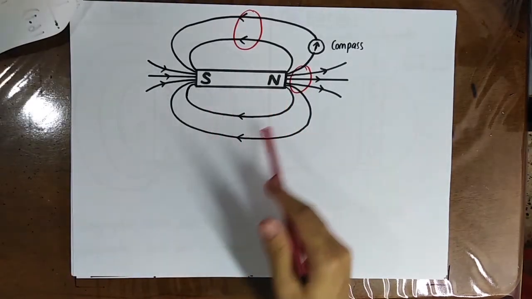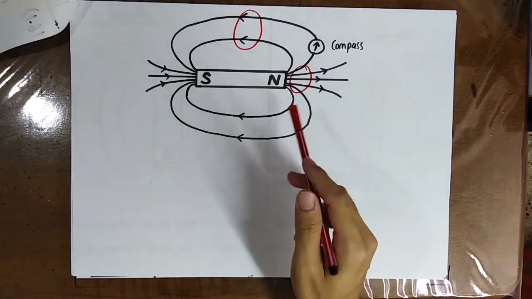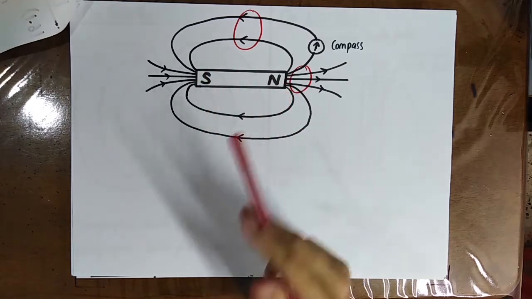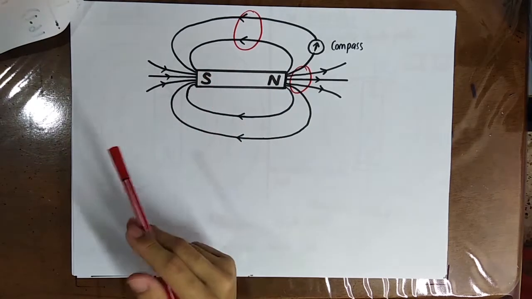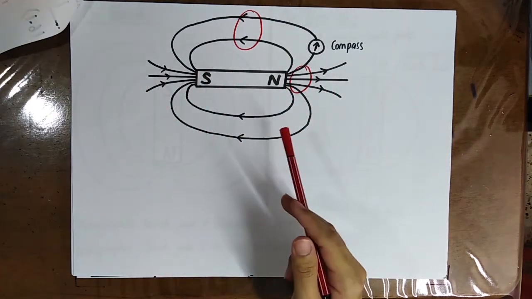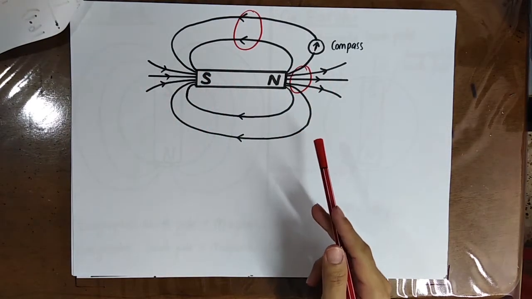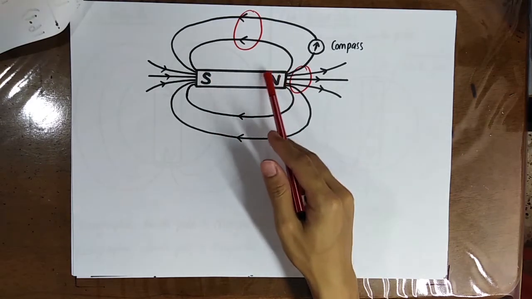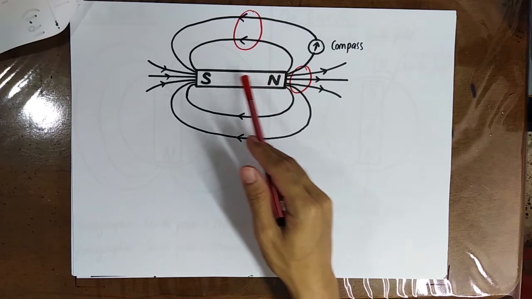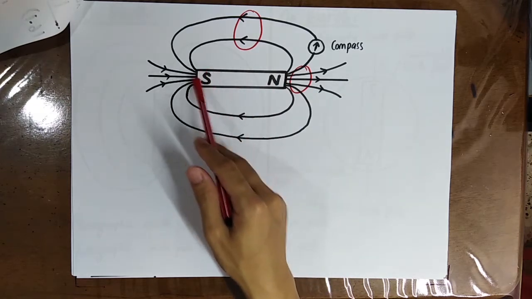But then, in the chapter of magnetic fields, you have to know that so far, we can never see a north pole without a south pole. That means that monopoles do not even exist. You really have to have a north pole, then only you can have a south pole.